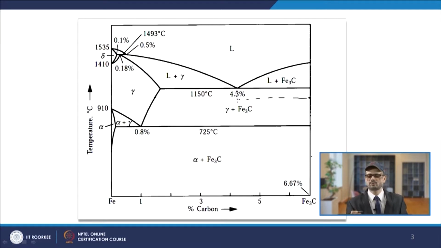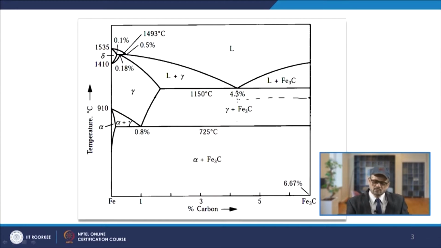However, the amount of gamma and Fe3C will be according to the lever rule, and the amount of gamma formed will be this upon this, that is a fraction, and the amount of Fe3C formed will be based on this distance divided by the whole distance. So, that way you are getting the gamma plus Fe3C coming out.